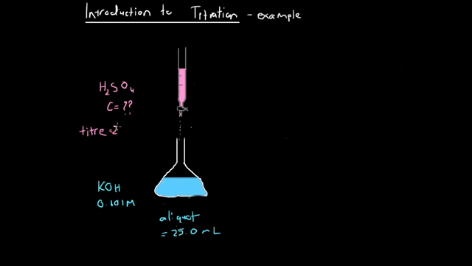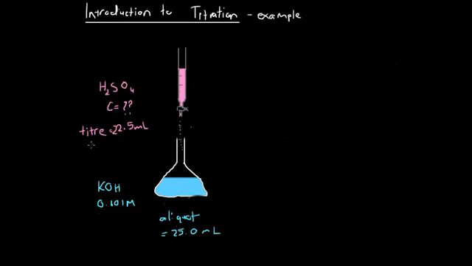So we've filled the burette with sulfuric acid, and we've used a pipette to put 25 milliliters of potassium hydroxide into this conical flask. Then we've let the sulfuric acid out drop by drop until we've reached the equivalence point. Then we've figured out the change in volume of the sulfuric acid solution in the burette as we've released it.